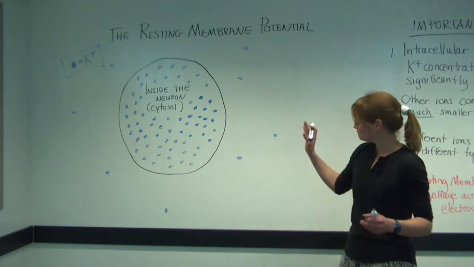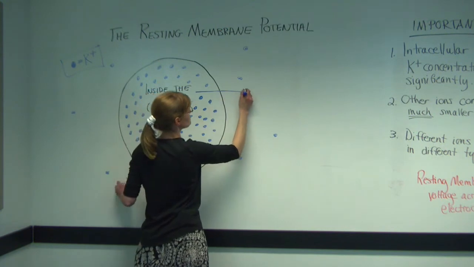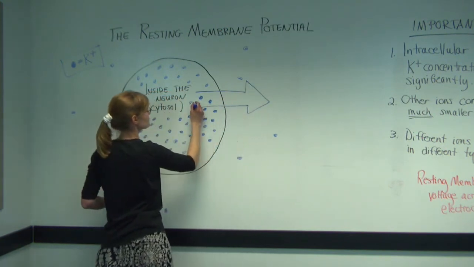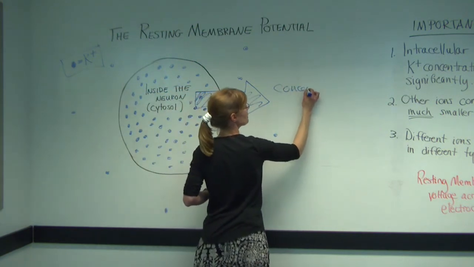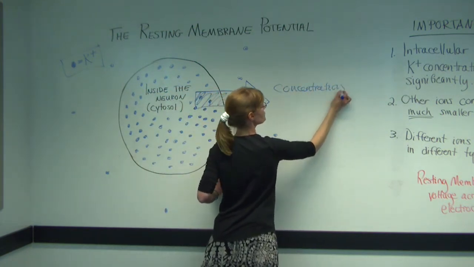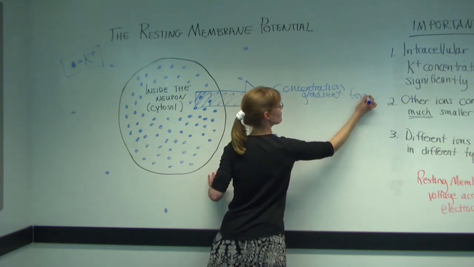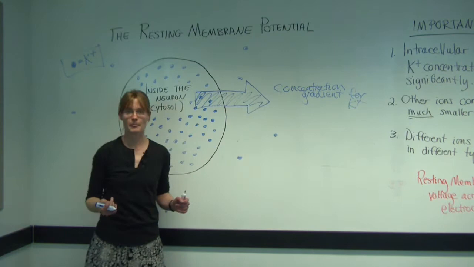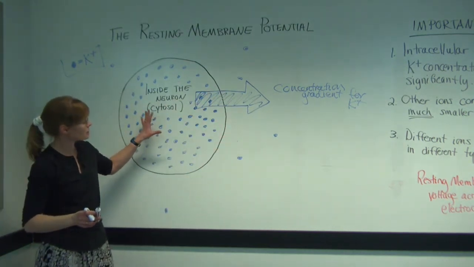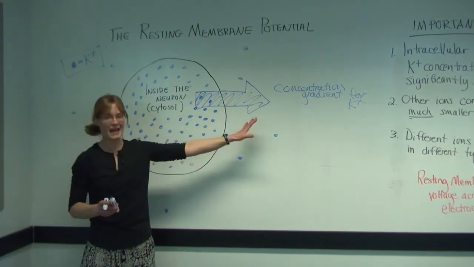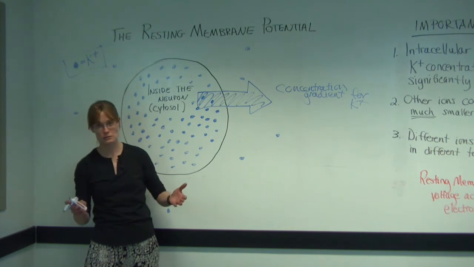So clearly we have a large concentration gradient for potassium. And since we know our membrane's permeable, we know that our potassium ions are going to begin to diffuse out of the cell down their concentration gradient. Okay? So far, so good.